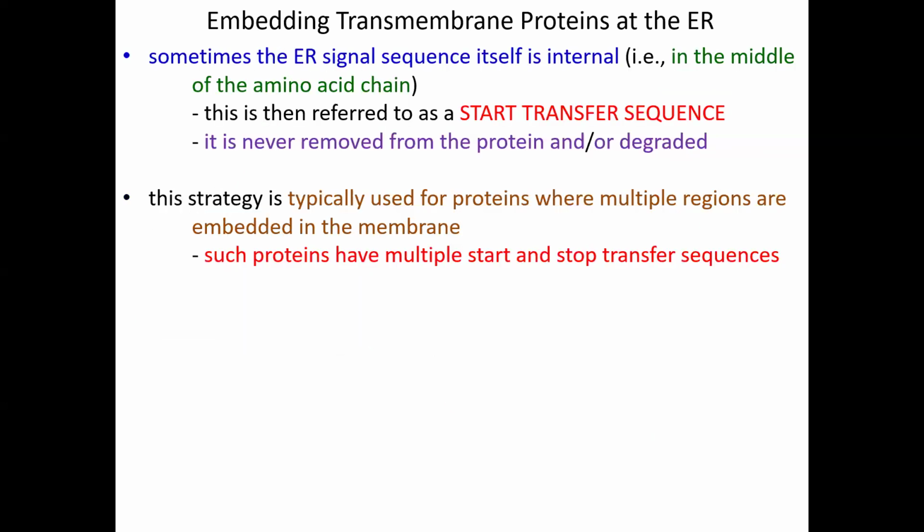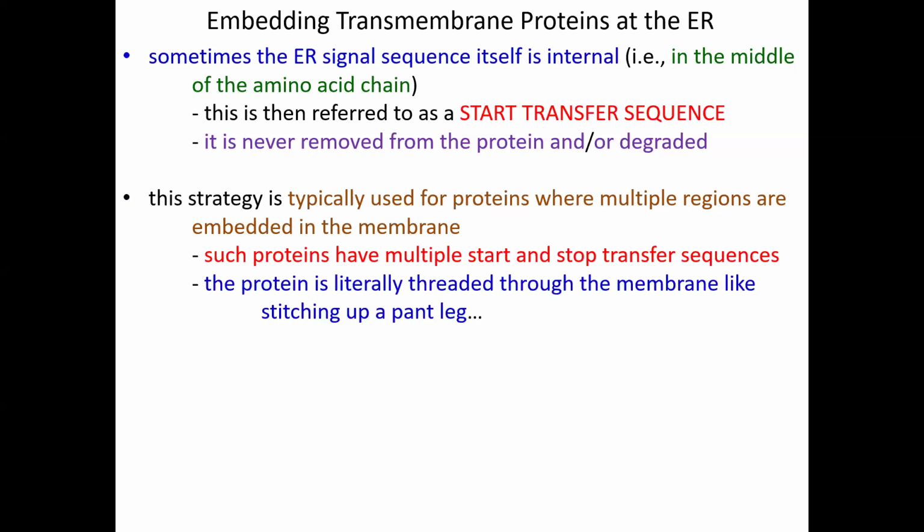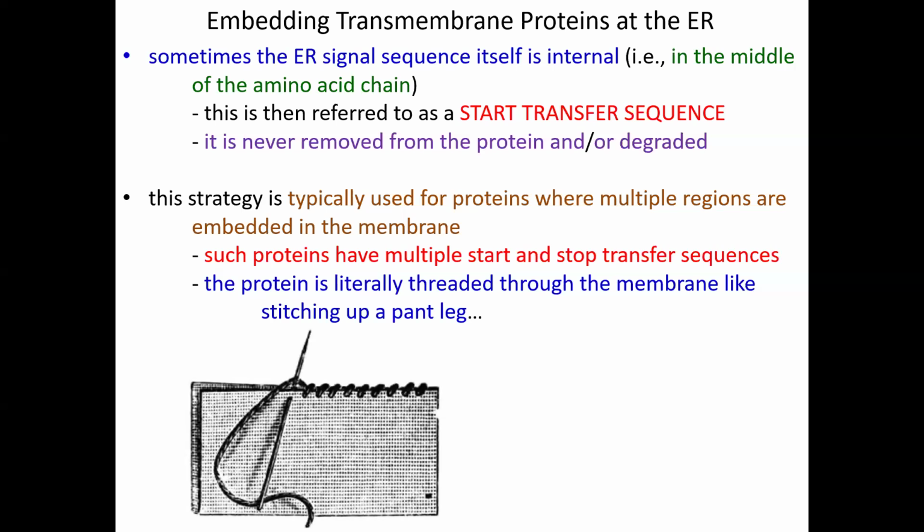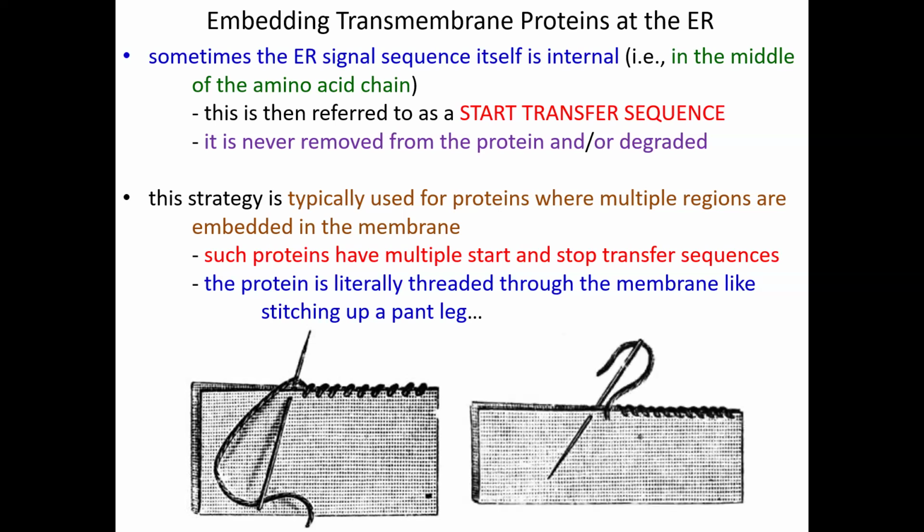We can also have proteins that have multiple start and stop transfer sequences. And that leads to a protein that's literally threaded through the membrane, very much like stitching up a pant leg, where you've got transmembrane domain, transmembrane domain, transmembrane domain, weaving this protein in and out of the membrane with multiple intracellular and extracellular faces, or intra-ER and extra-ER faces.